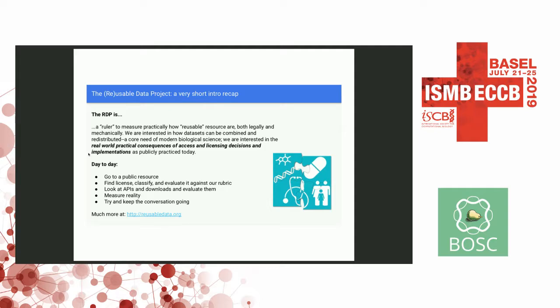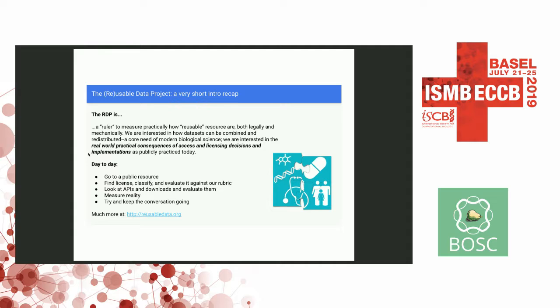And then we look at the licensing terms and try to measure it against the reality of what's actually available on the website and how it can be reused. We also try to keep the conversation going with the community. So we reach out when things are unclear. We try to make ourselves available on the tracker and various public forums. You can read more about this at reusabledata.org.